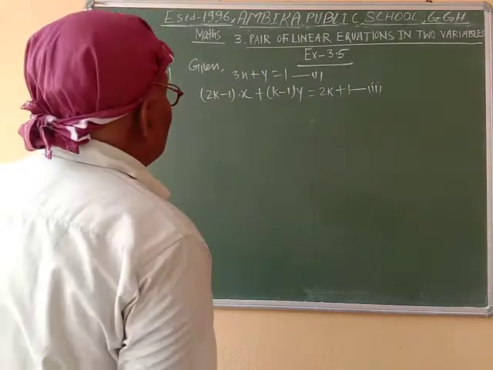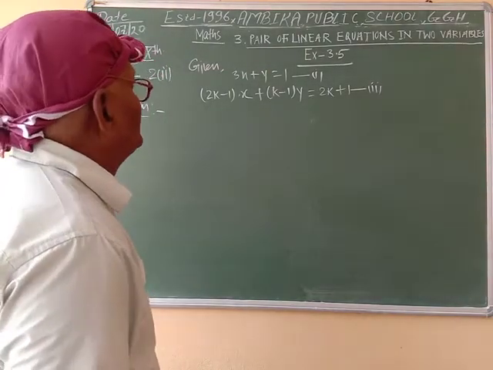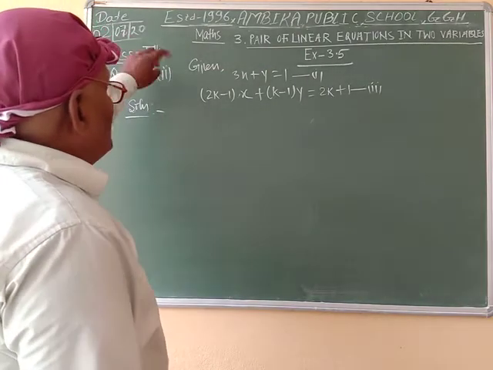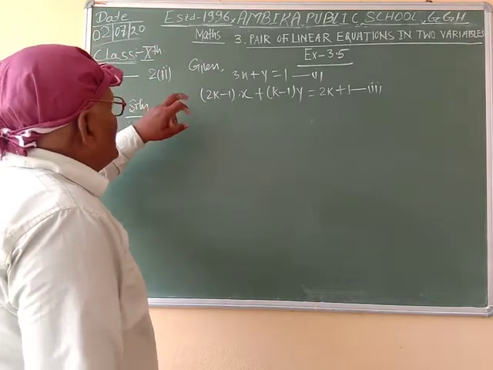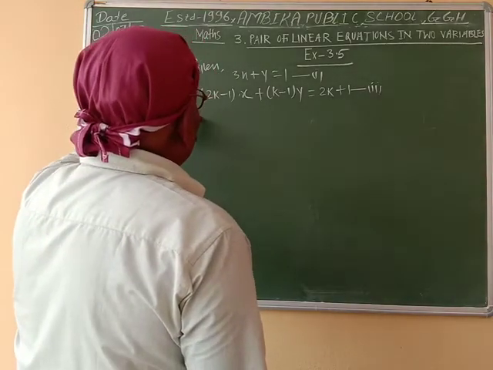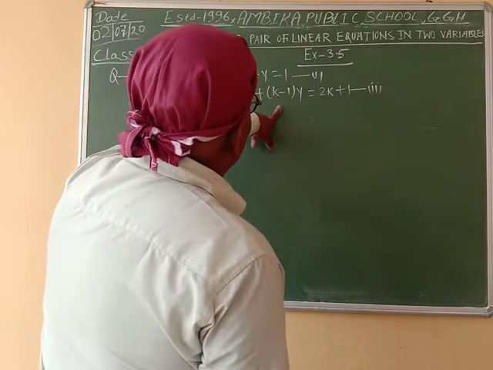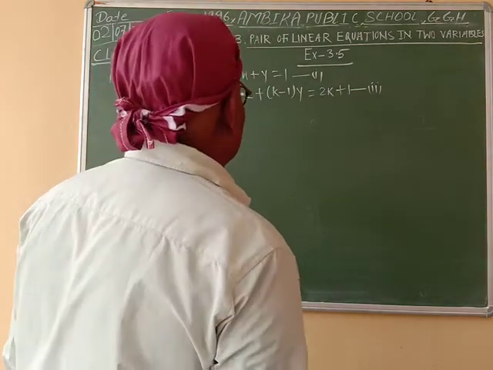A pair of linear equations have no solution. We know that a1 by a2 is equal to b1 by b2 is not equal to c1 by c2.